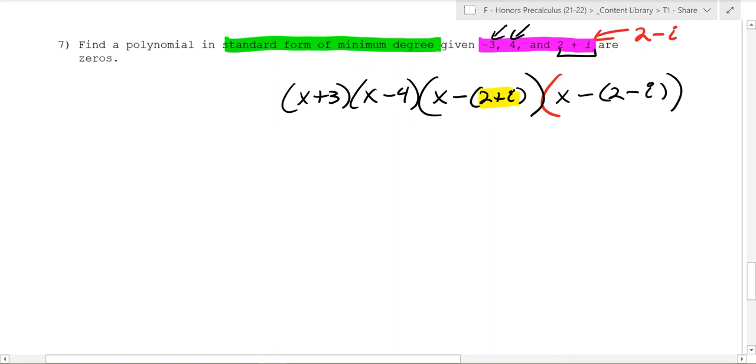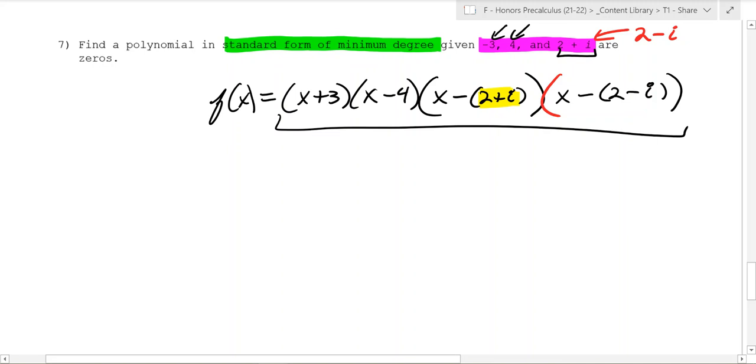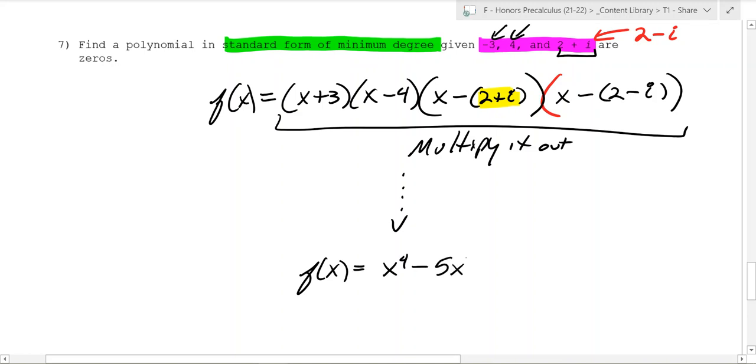So what you do to find this polynomial, you literally, this is it right here. But to write it in standard form, you need to multiply it out very, very carefully. Please do this on your own and show that this multiplies out to x to the 4th minus 5x cubed minus 3x squared plus 43x minus 60.